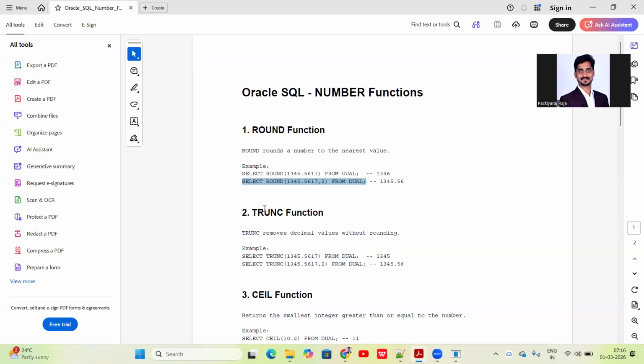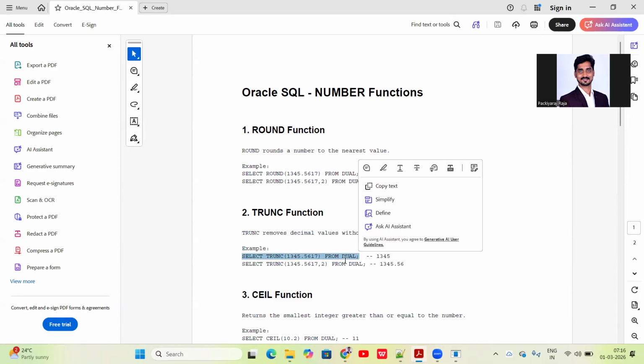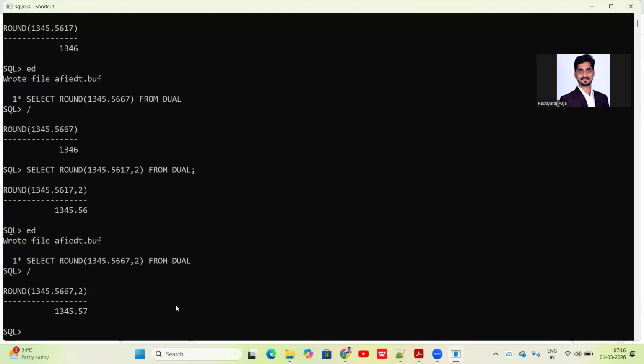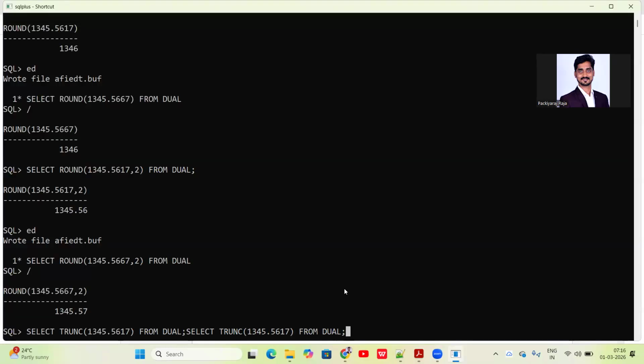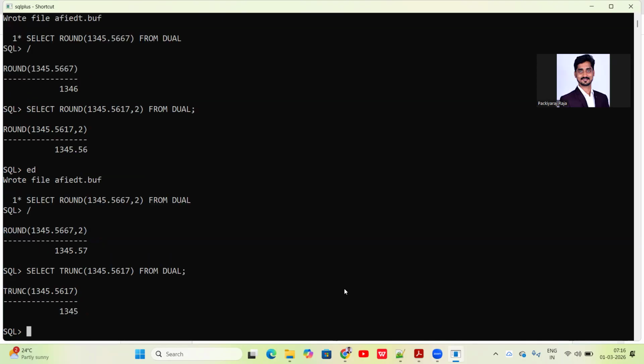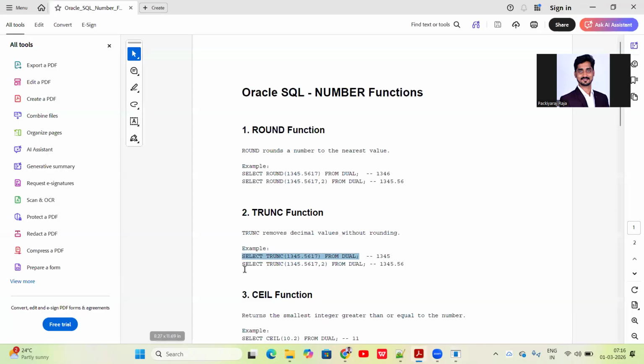Then truncate. It will just remove the other values and give the whole number. That is the trunk. See 35, so 1345, it will give the value. Similar line, this one also will work.